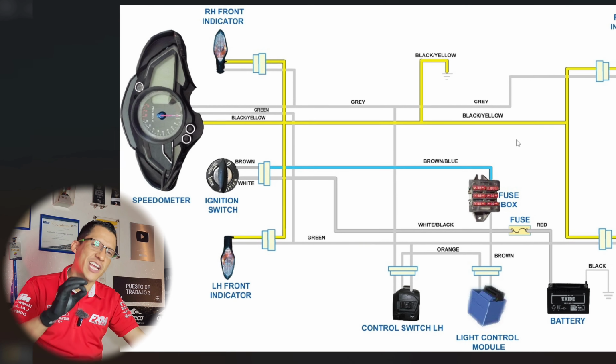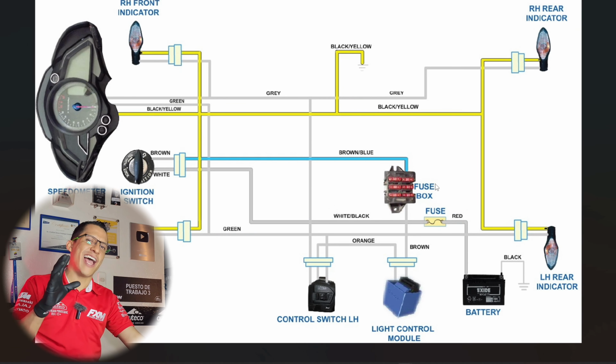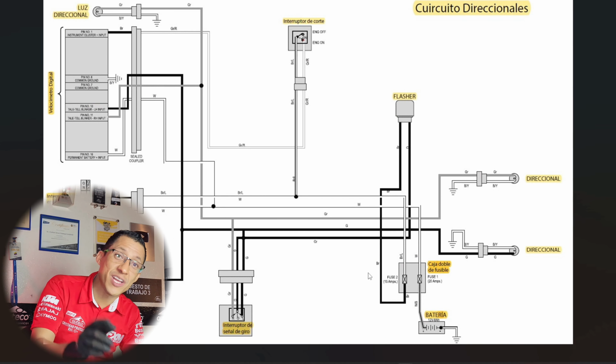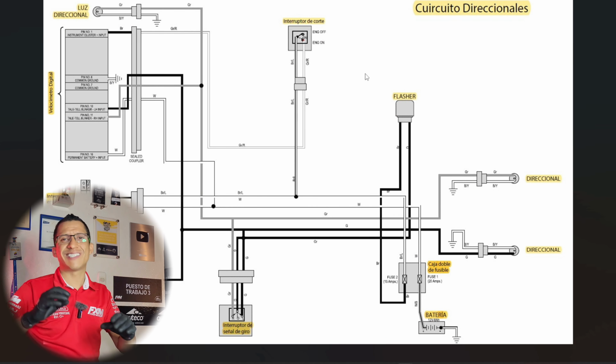On this PULSAR fuel injection motorcycle, an important difference is that the kill switch is not there. In other words, the kill switch for the PULSAR 200 fuel injection doesn't interfere with the operation of the turn signal lines. That is why it is important to interpret the diagrams as well, and the correct diagrams for the model of motorcycle we have.